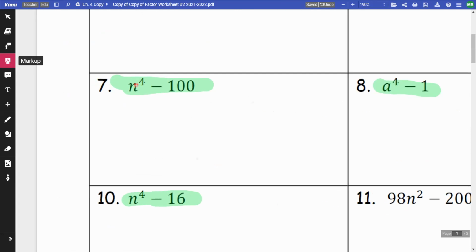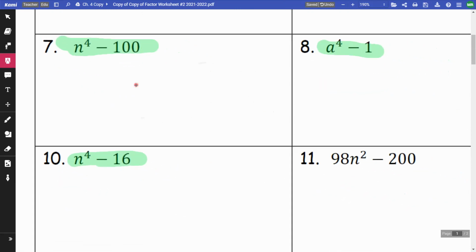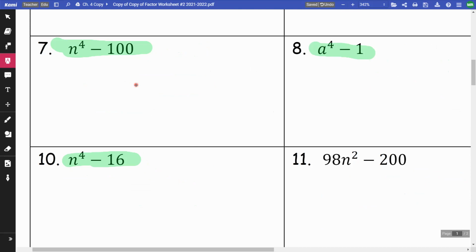So on these ones where it is to the 4th power, these ones are differences of 2 squares, because an n squared being squared is an n to the 4th. So this is going to be an n squared plus 10 and an n squared minus 10.